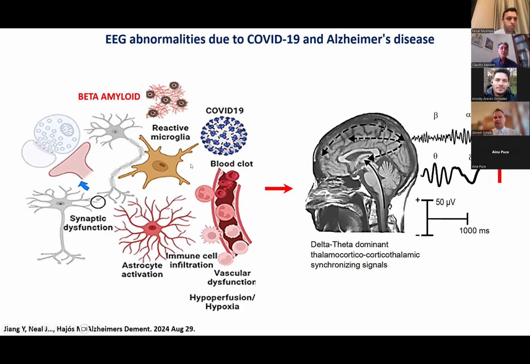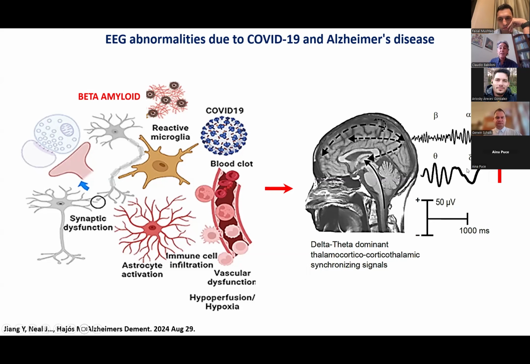that you have the same or similar effects from amyloidosis, brain amyloidosis in Alzheimer's disease, and the neuroinflammatory processes induced by COVID-19 at the level of microglia, astrocytes, and you can find even similar changes in the EEG in Alzheimer's disease patients and people with COVID-19 and brain fog.